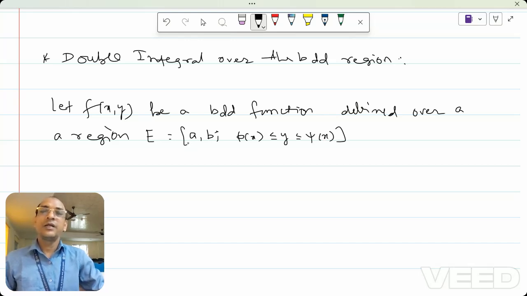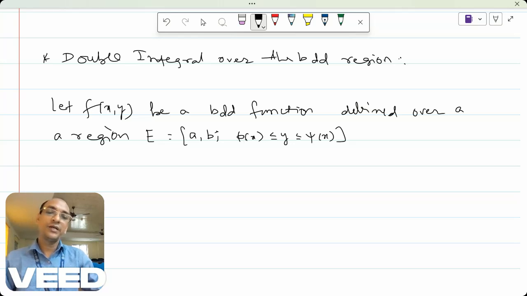So here, as in the previous thing, the first pair is the limits of x. So limits of x are constants, but limits of y are functions of x. If in the integral you find that the limits of the integral are functions of x, then the integration will be with respect to y.